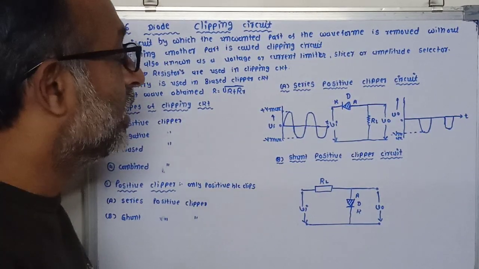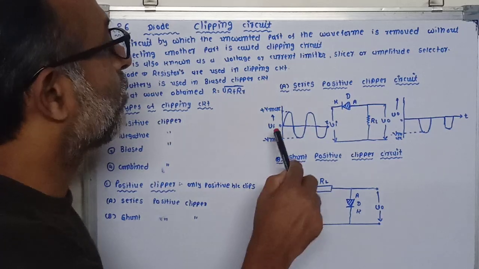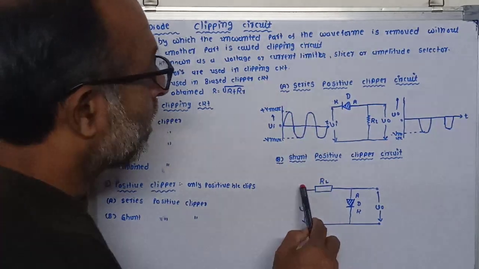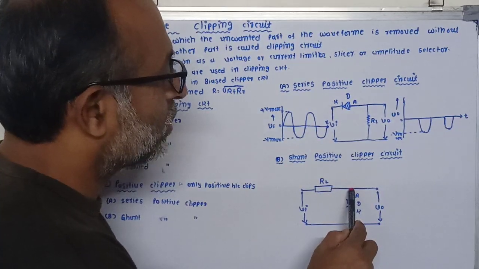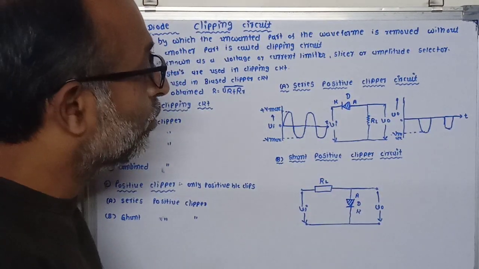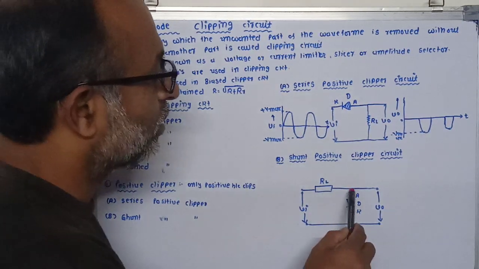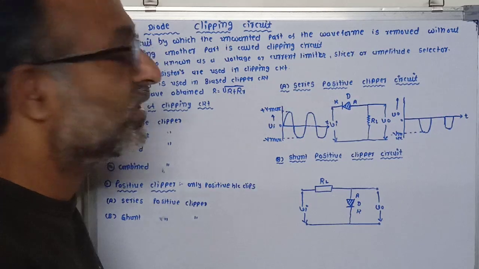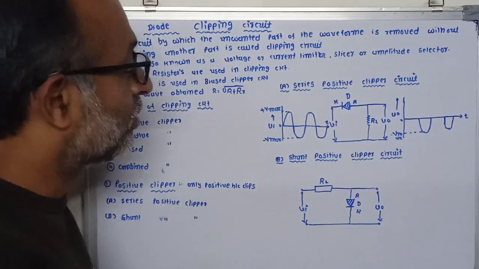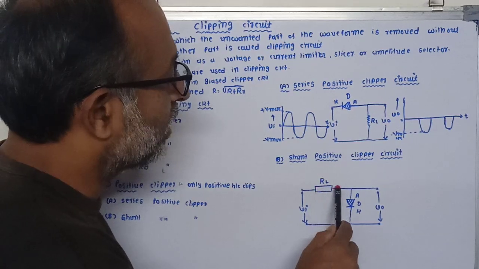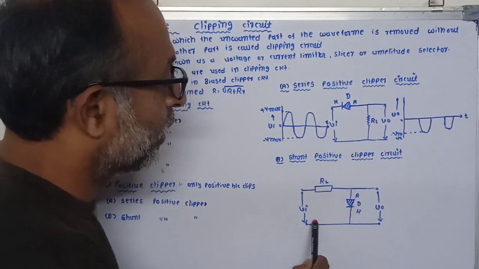Now let us see how it will work. During the positive input half cycle, the anode terminal becomes positive compared to the cathode. So the diode works as a short circuit. That means it is in on condition. So the current flows from the load resistance to the diode, and then to the negative terminal.